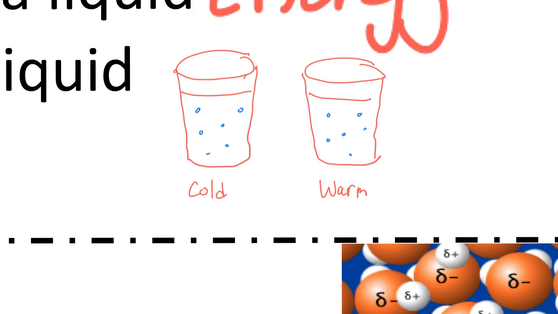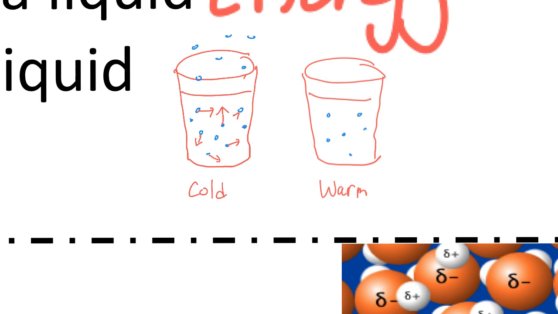In the cold, our particles are going to be moving slowly. They're going to bump into each other less often. And they're going to be able to get out of the soda more slowly. The rate that these are going to be leaving is going to be slower because the particles are moving slower. Also, if they're bumping into each other less, we can have more particles in here. Remember, these are gas molecules.